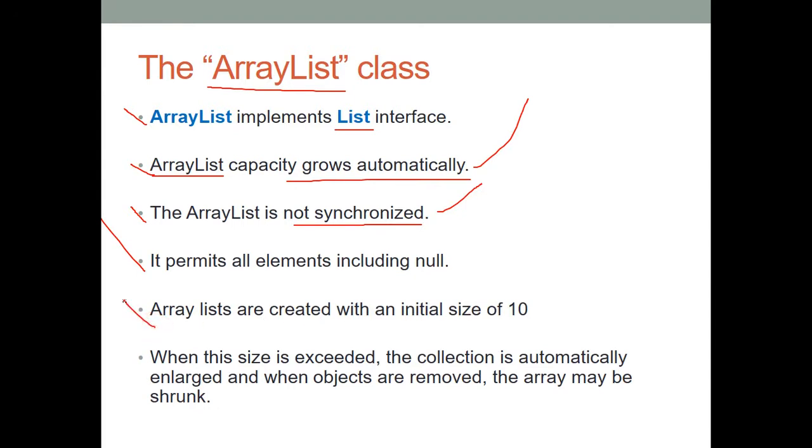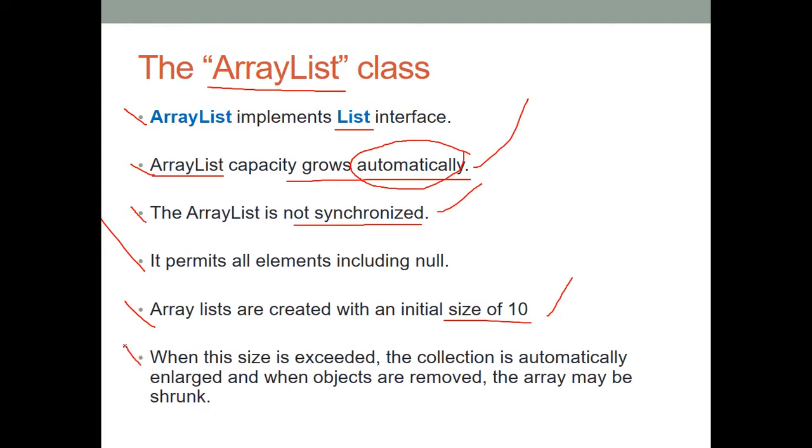ArrayList is created with an initial size of 10. With an array you have to decide the size when you are creating it, so this is one of the limitations of arrays, and you remove it through ArrayList. With ArrayList you don't maintain the size; it is defined automatically by the JVM as 10, and after that it grows automatically.